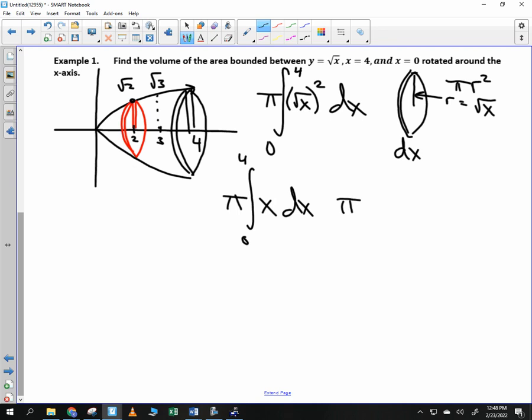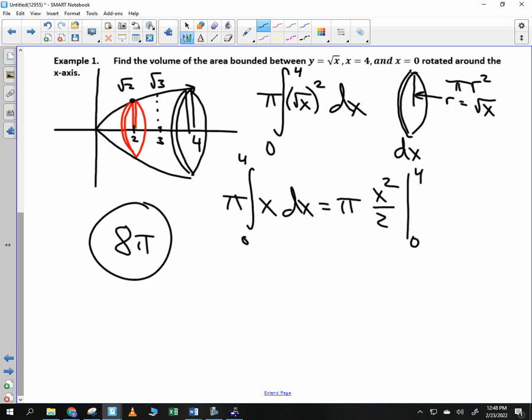Yep, so pi times x squared over 2, evaluated at 0 and 4. If you plug in 0, you get 0, but if you plug in 4, what do you get? 8 pi. That's the exact volume. Really not too bad, is it? No.